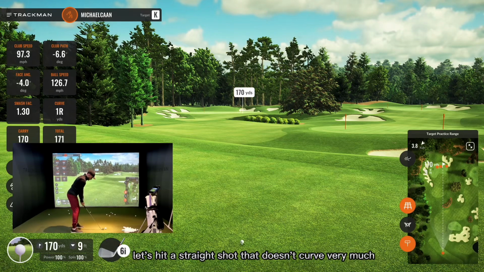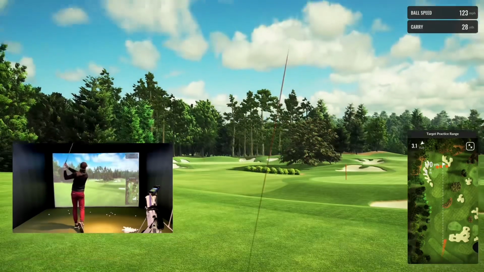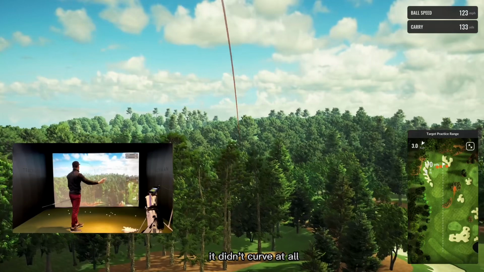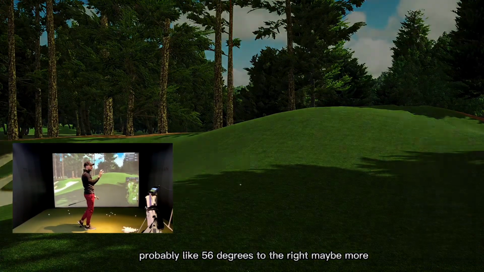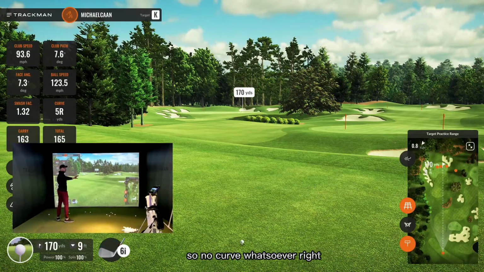Again, let's hit a straight shot that doesn't curve very much. Actually, you know what? Let's hit a straight push, right? We're just gonna hit a shot that kind of starts right and stays right, doesn't curve. See if it curves. Okay, awesome, it didn't curve at all. So we should see both these numbers positive, probably like 5-6 degrees to the right, maybe more. Okay, look at that, perfect. So no curve whatsoever, right? See now, these are very similar.